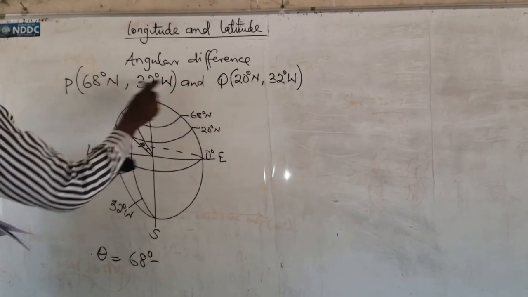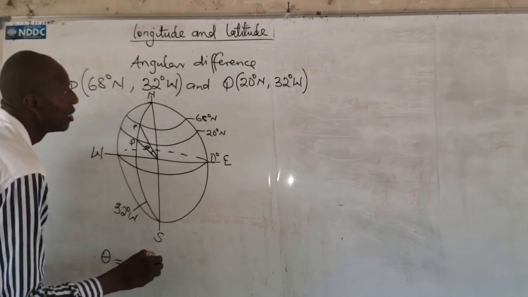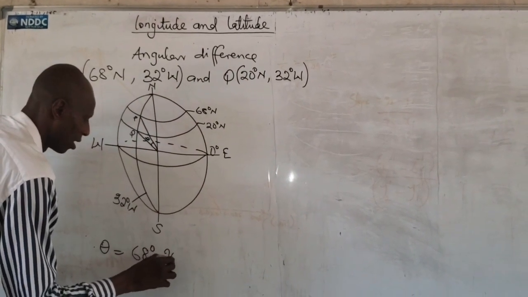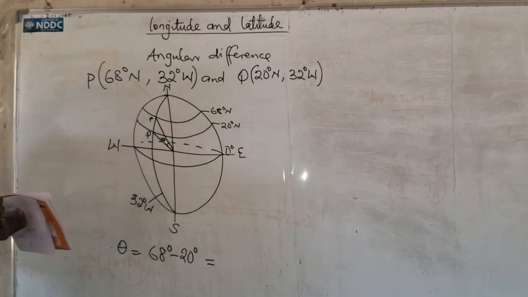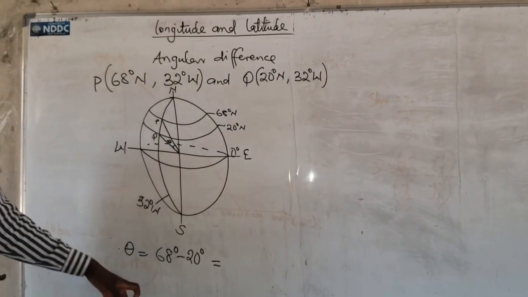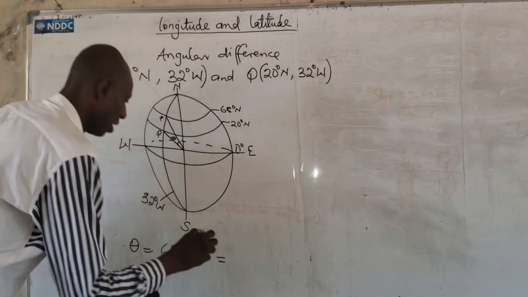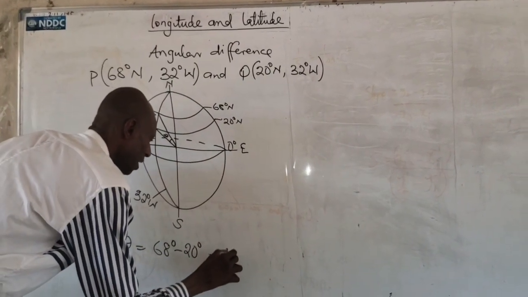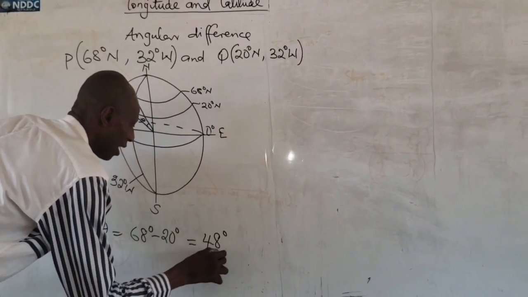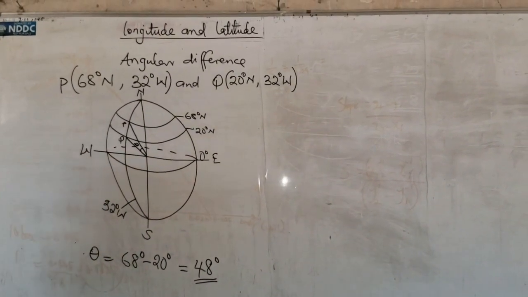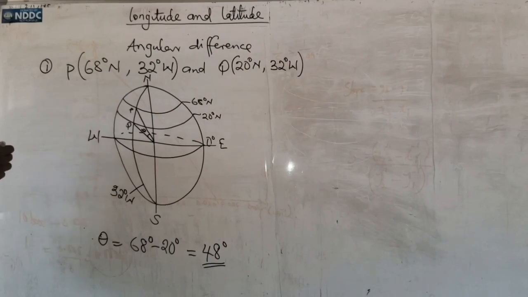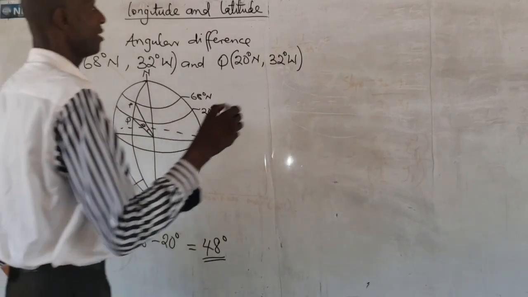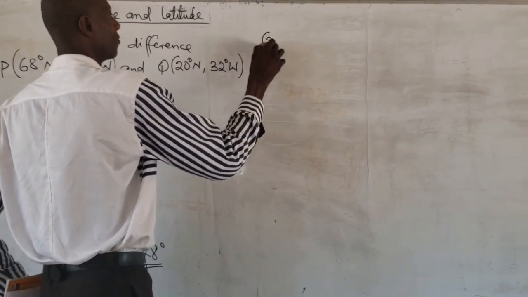So north, you subtract. When you now subtract, 68 minus 20 is 48 degrees. So the angular difference in question number 1 is 48 degrees.